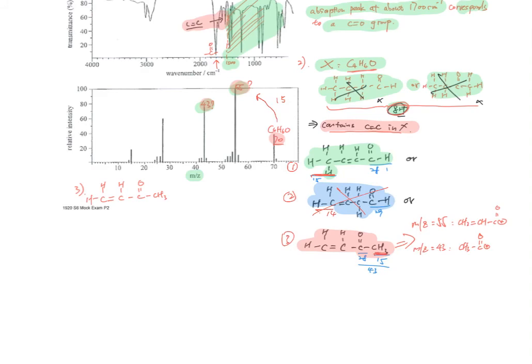Let's see further. It contains 55, which means it lost 15, and it also contains 43.